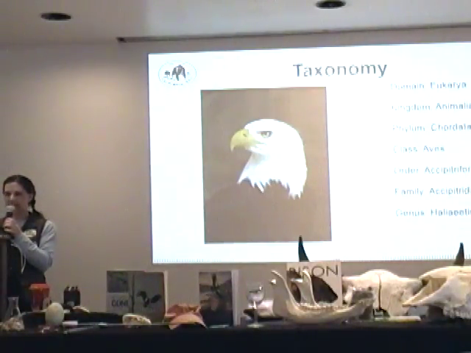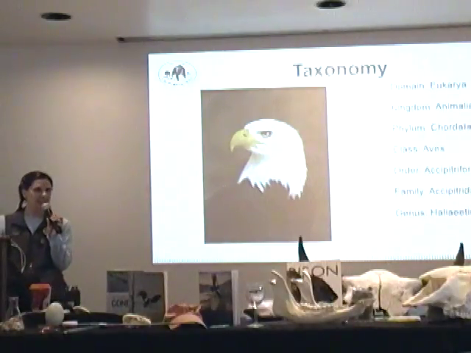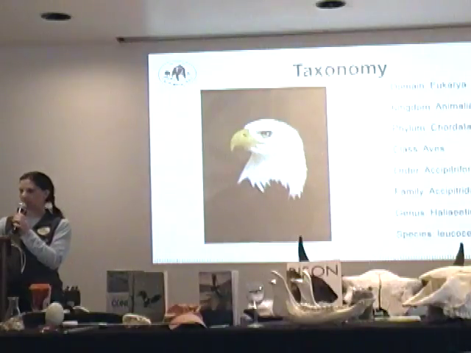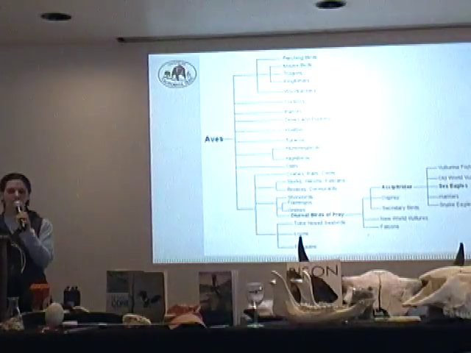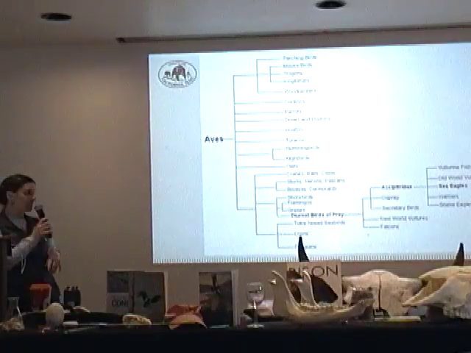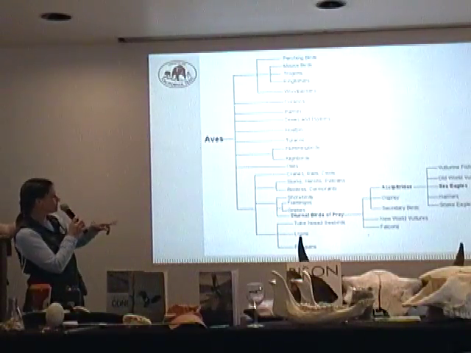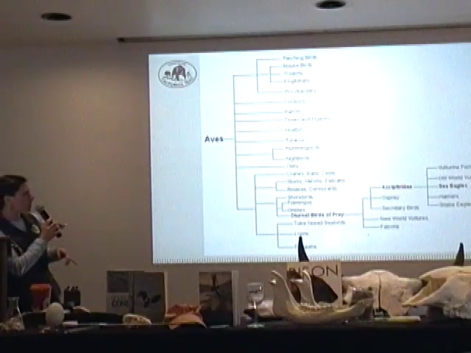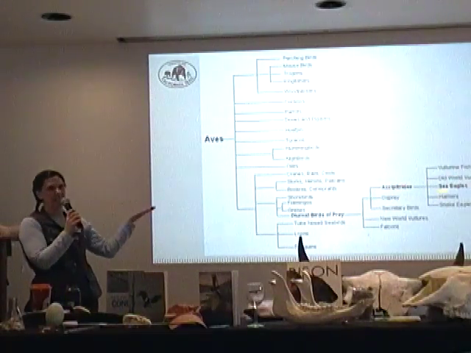Genus, again, Haliaeetus. There are 8 species within genus Haliaeetus. I'm going to show you a little bit of a tree next. And then leucocephalus. This is just your birds, so within the order Aves. You can see we have Accipitridae family down there on the side. Bald eagles are considered sea eagles.